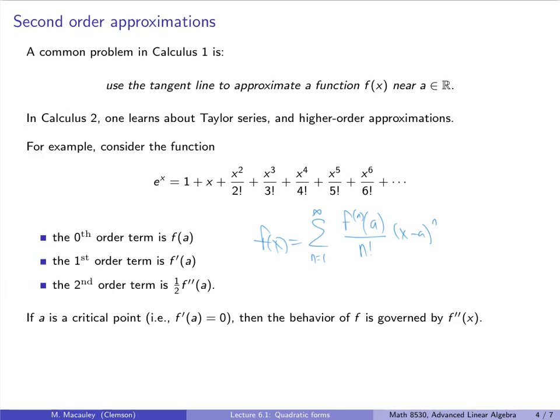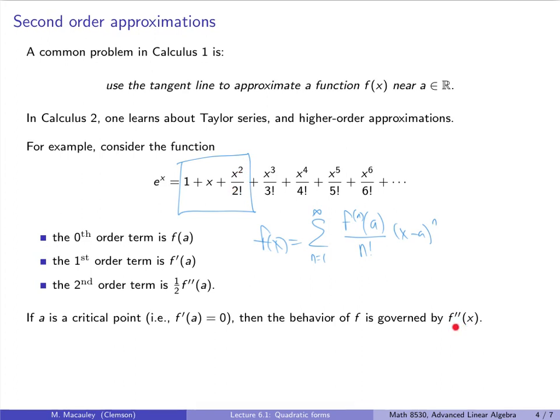What I'm really focused on is how a second order approximation is an improvement on a linear approximation, which is so popular, so common in calculus. And if you have a critical point, for example, if f prime of a is equal to 0, then the behavior of f, whether it's convex or concave, is governed by this second order term.